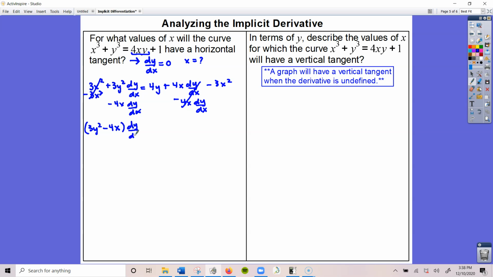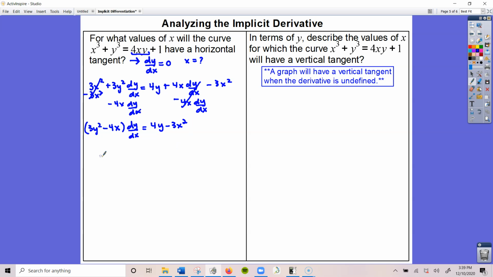And what I've done here is that I already know I'm going to end up factoring the dy/dx. So I just wrote what I had, which was a 3y squared minus 4x, and already it's factored. So that's a little shortcut you can take if you'd like. If not, no problem. Which is equal to 4y minus 3x squared.